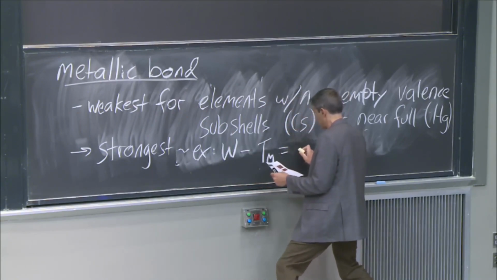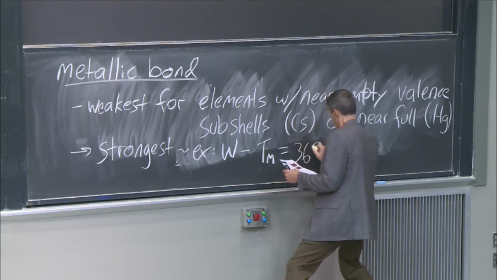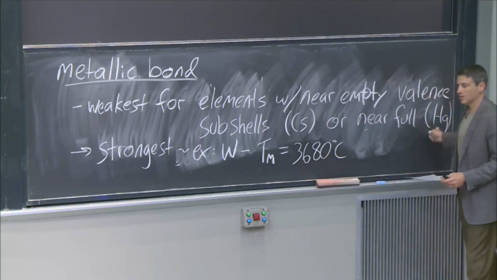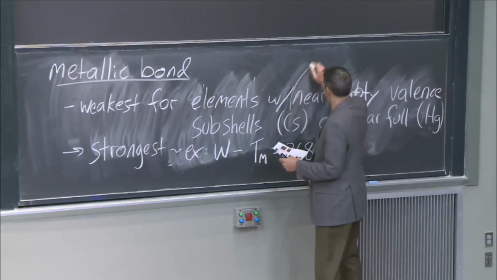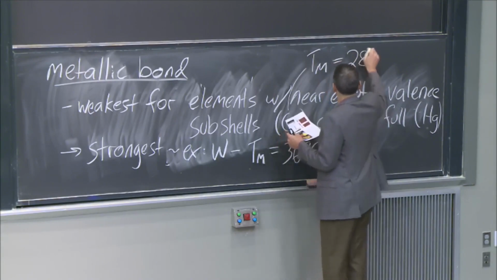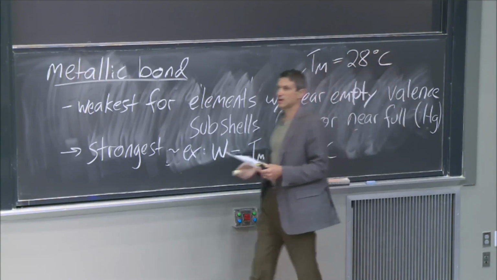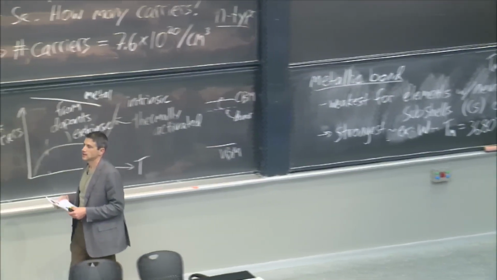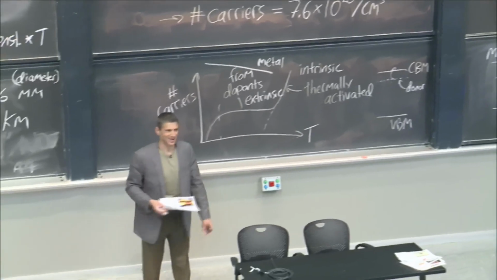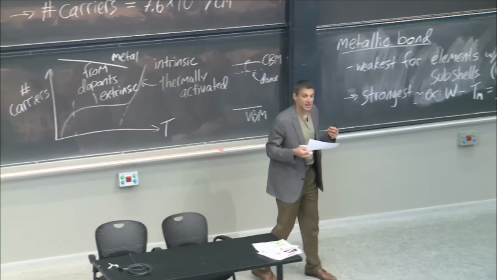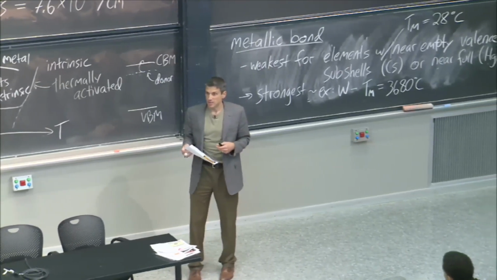The melting point of tungsten is 3680 degrees C. And the melting point of cesium is 28 degrees C. Look at that range, and it all has to do with how these electrons are filling the metallic bands. And more than that, because it also has to do with the way the atoms come together, and that is going to be the topic of next week.